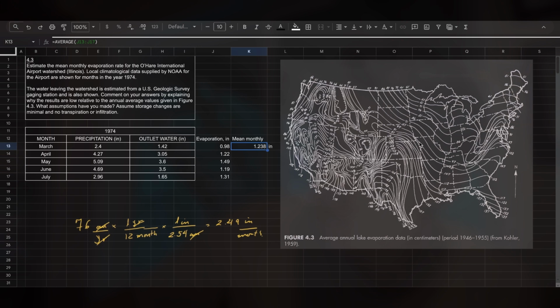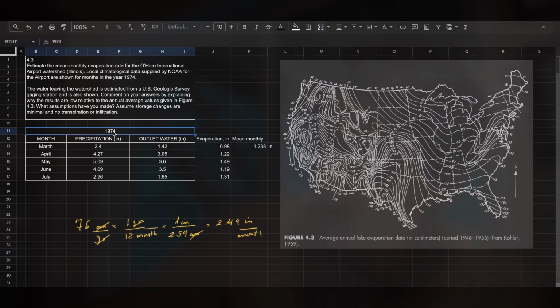I can think of two reasons. One of them is I noticed the year. This is from 1974, and this graph is 1946 to 1955. So maybe later in time, some climate change, global warming, more water is evaporated.